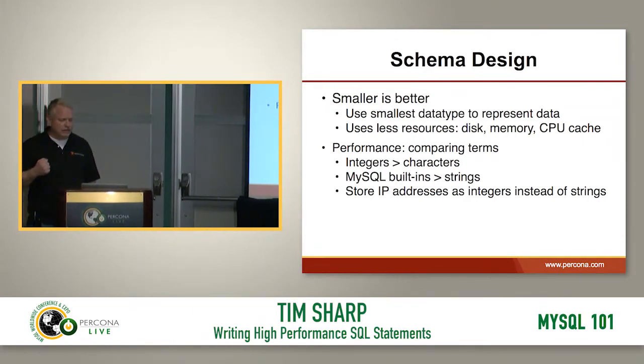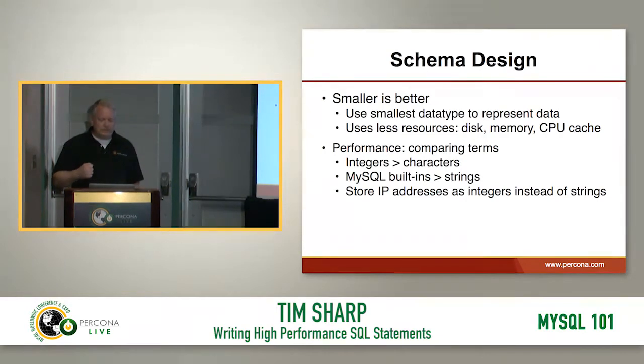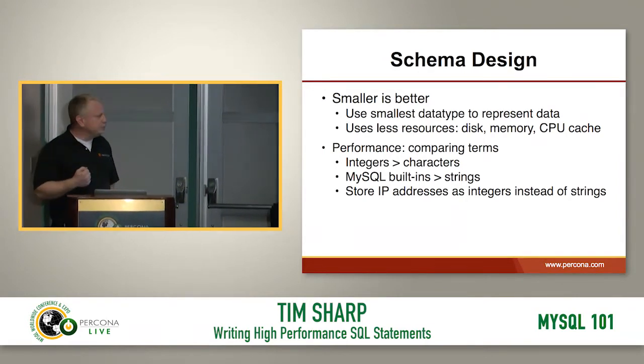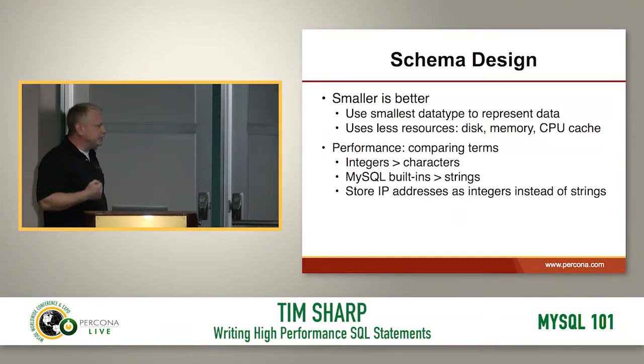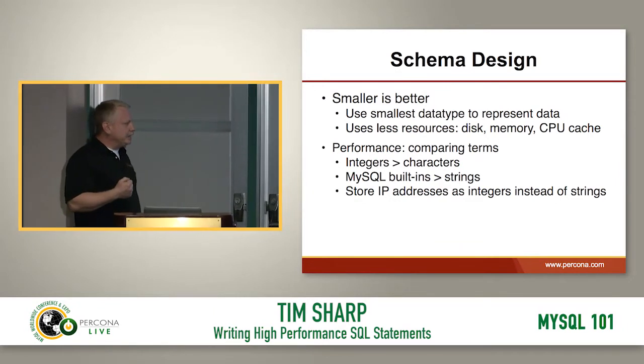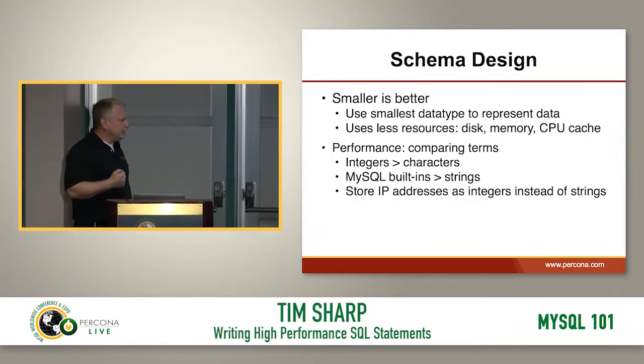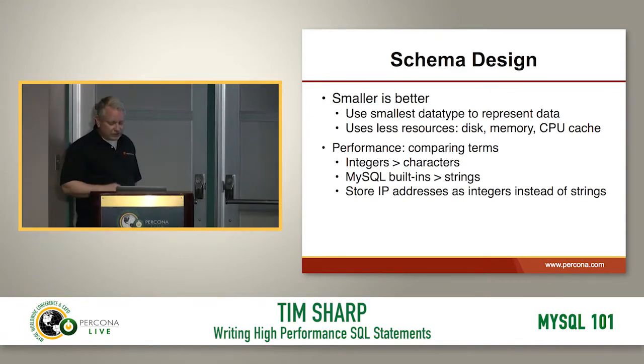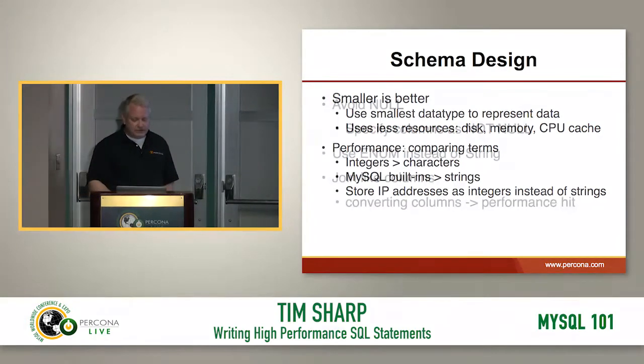Other ideas: when comparing terms, use integers, because comparing integers is going to be faster than comparing characters. Use MySQL built-ins, such as date types and time types, and store your IP addresses as integers instead of strings.